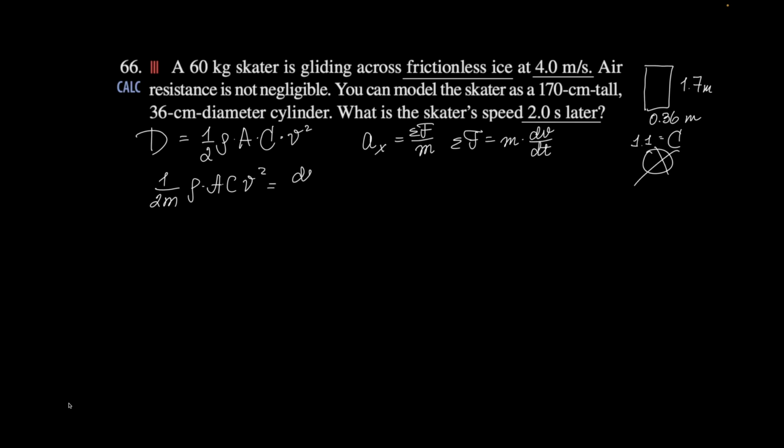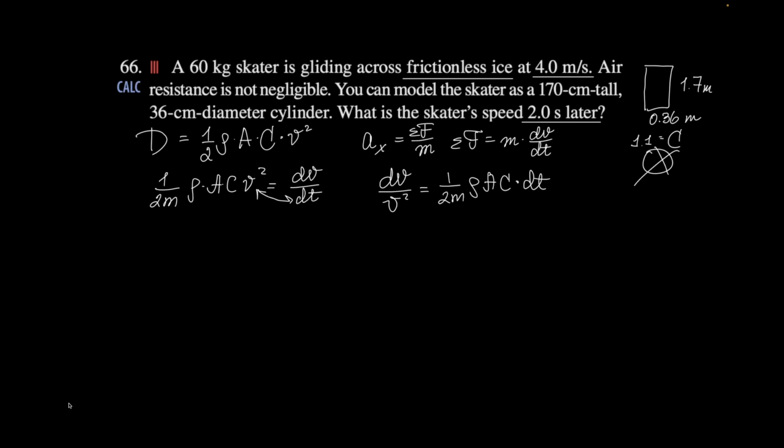That should be equal to dv dt. And then we're doing a trick that you will see a lot in AP Physics C: we're going to separate our dv and dt. To do that, we just flip this, put dv over v squared on one side, and everything else on the other side: 1 over 2m rho A C, and our lovely dt.